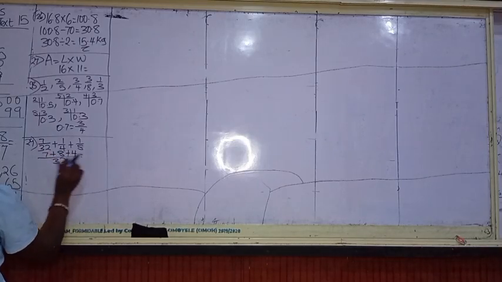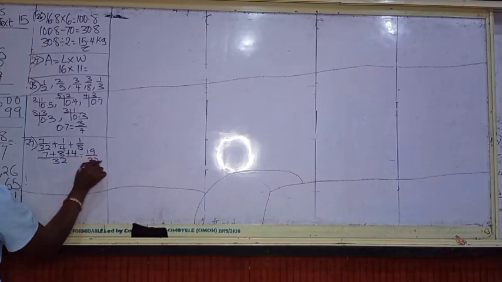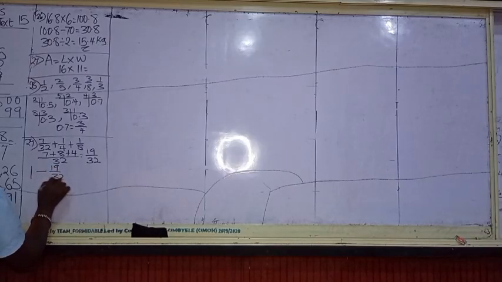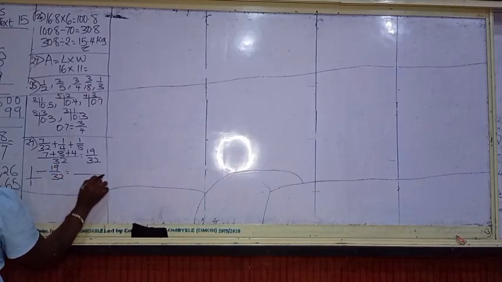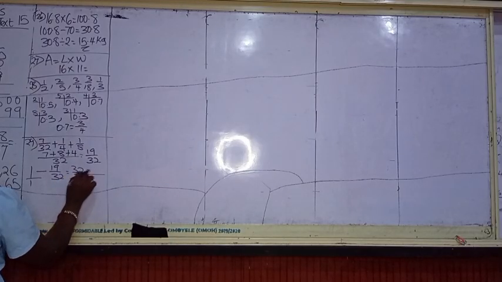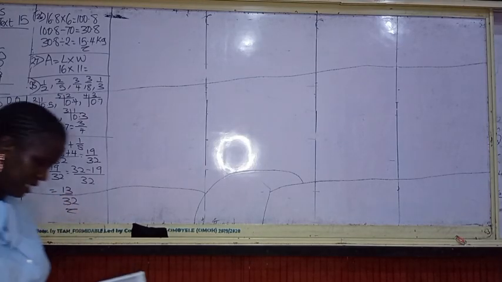When we add this together, that is 13/32. So we will have 1 minus 13/32. The LCM here is 32, so 32 minus 13 over 32 gives the remaining fraction.